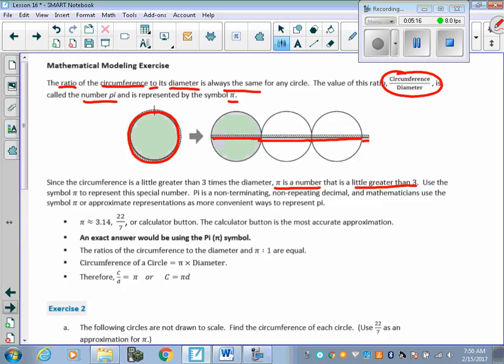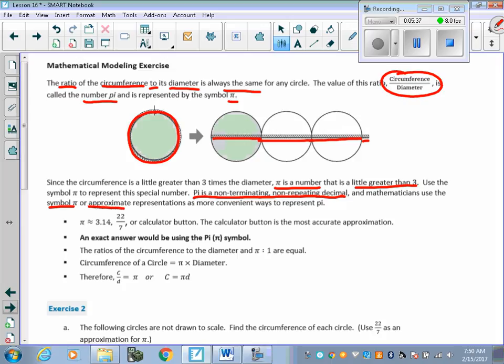The thing is, pi is a non-terminating, non-repeating decimal, meaning it will never end and never repeat. It's what's known as an irrational number. Therefore, we use the symbol pi to kind of give an idea of what it is, but we have to approximate it all the time.